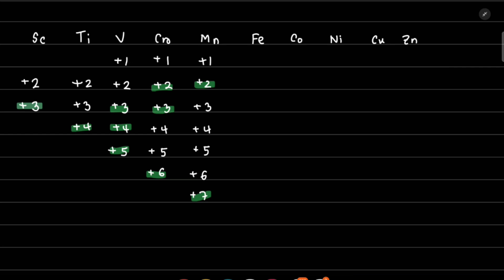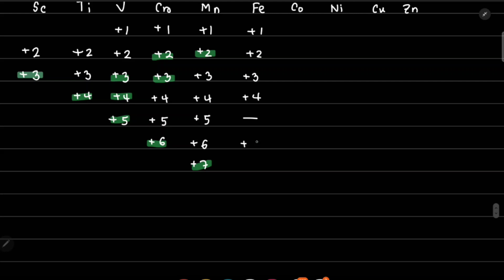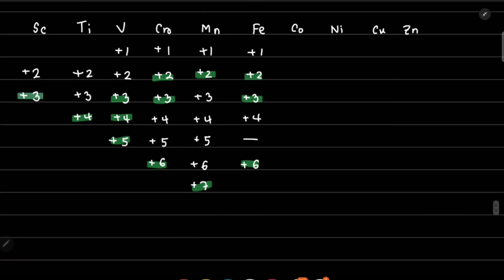Iron can exist in plus 1, plus 2, plus 3, plus 4. It cannot exist as plus 5. It can again exist as plus 6. From them, 2, 3 and 6 are stable. Then coming on to cobalt, we have plus 1, plus 2, plus 3, plus 4. Plus 2 and plus 3 are stable.